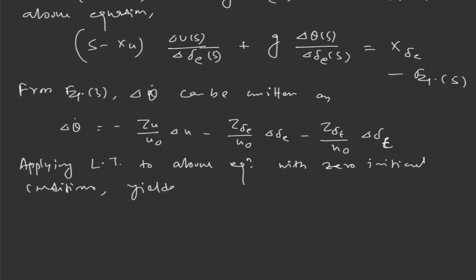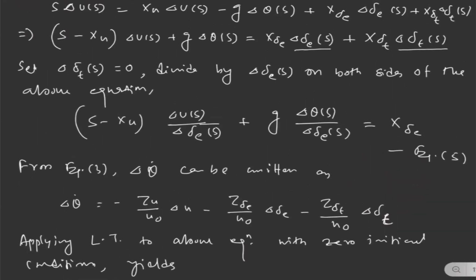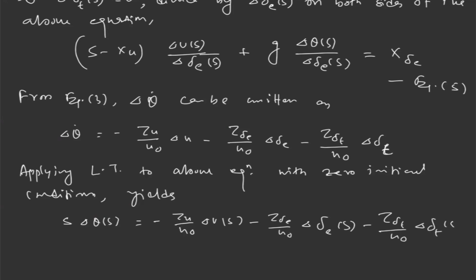S delta theta(S) equal to minus Z_U over U naught delta U(S) minus Z_delta_E over U naught delta_E(S) minus Z_delta_T over U naught delta_T(S).